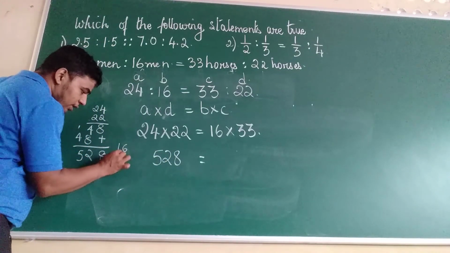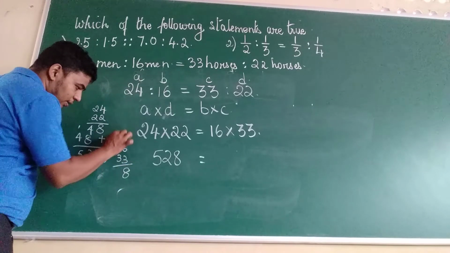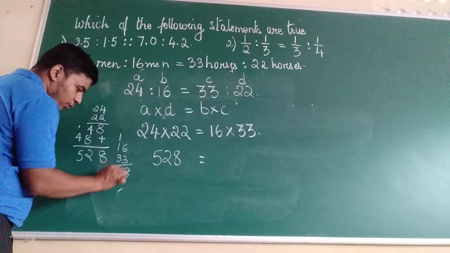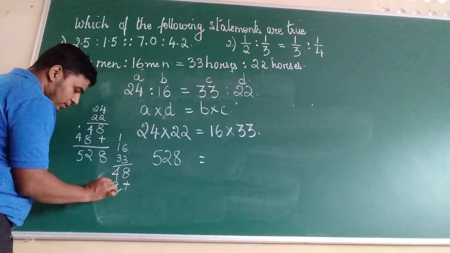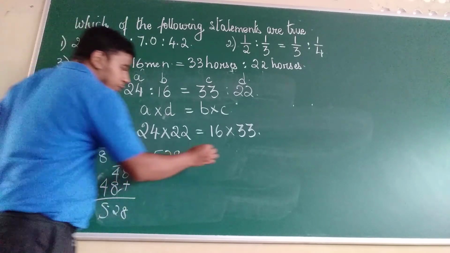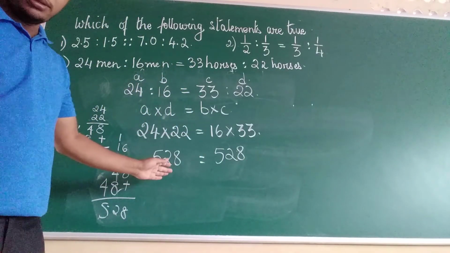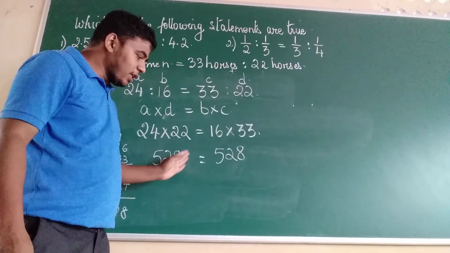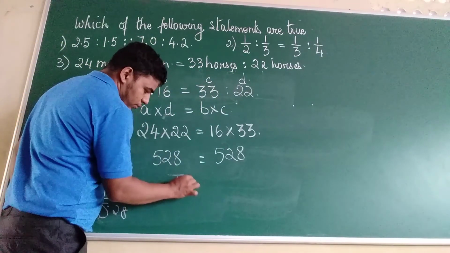So take 16, 33. 3 6s are 18, 3 1s are 3, 4. 3 6s are 18, 3 1s are 3, 4. So you get 528. Both are equal to each other. Since they are equal to each other, the statement is true.